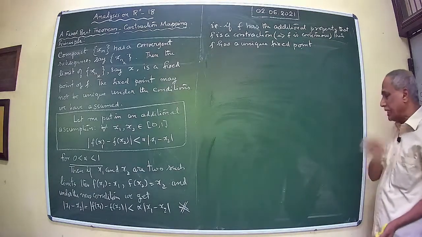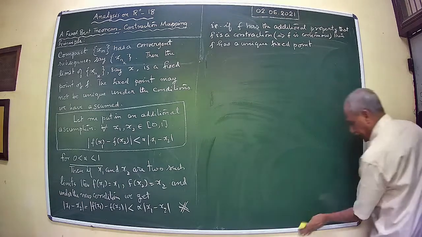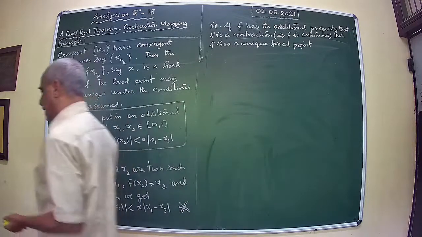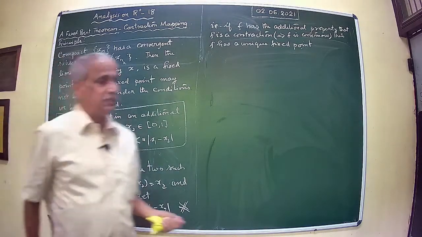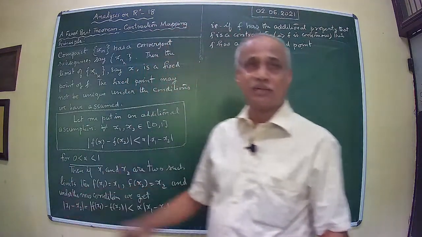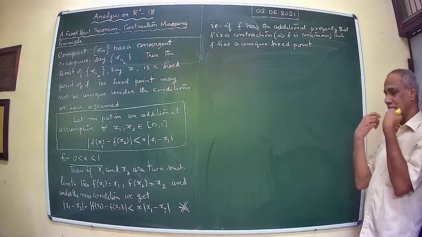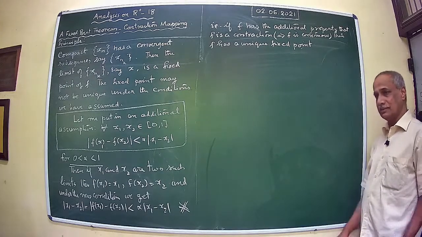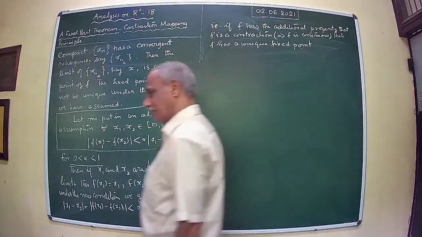So there are two things that we have looked at. Many problems like finding the zeros of a function, if it can be meaningfully transformed to the search for a fixed point on some interval, and you can prove that this is a contraction, then you are assured that there is exactly one fixed point for f.